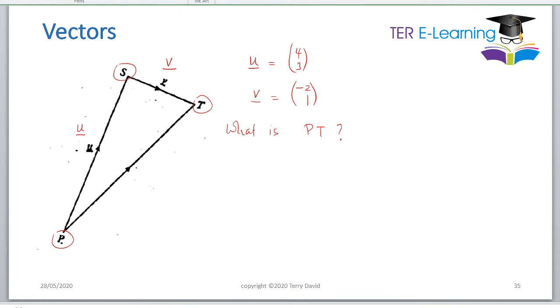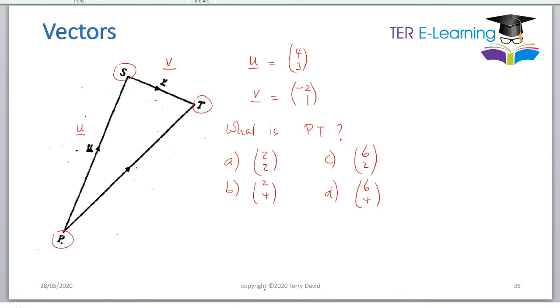And these are the answers. Part A is 2, 2. Part B is 2, 4. Part C is 6, 2. And part D is 6, 4. So this is an actual exam question.